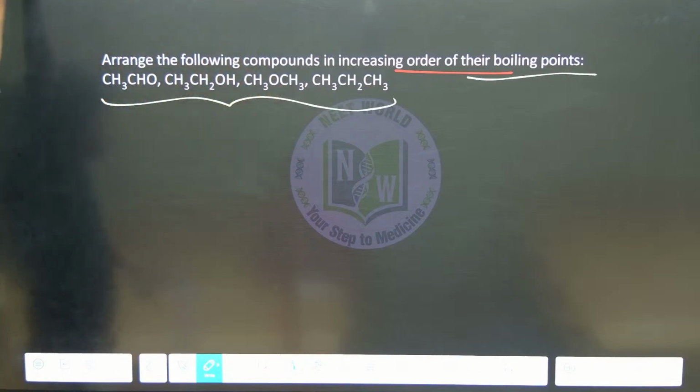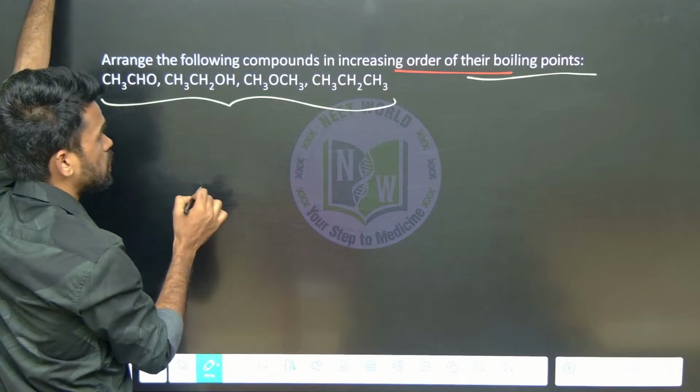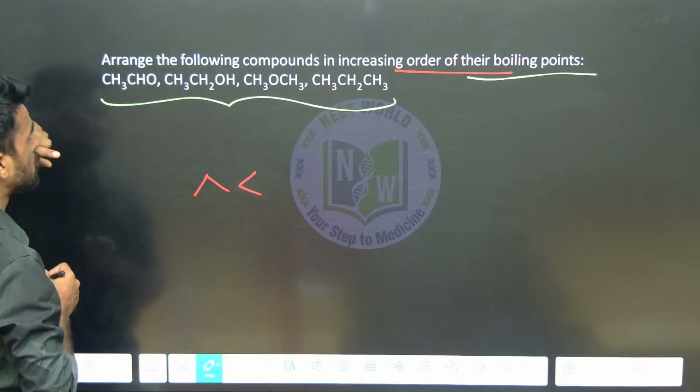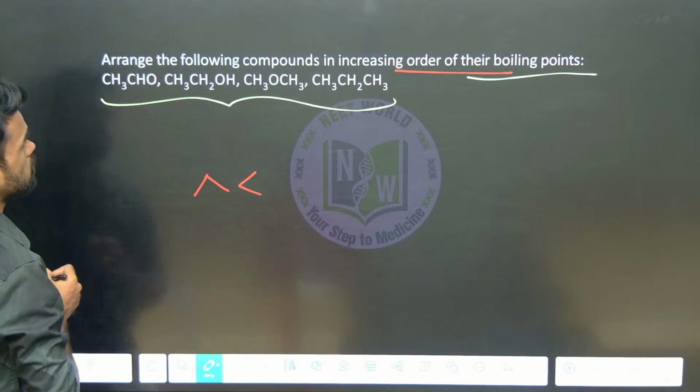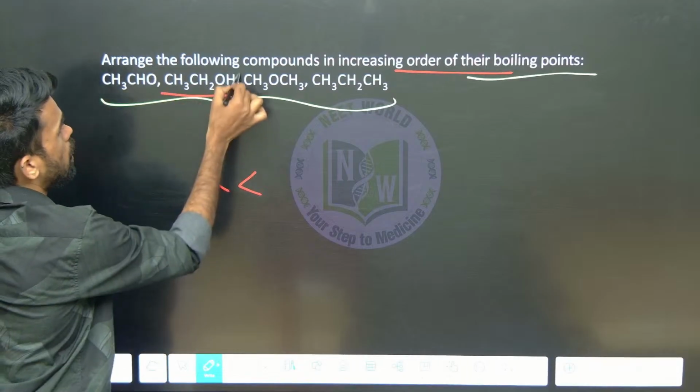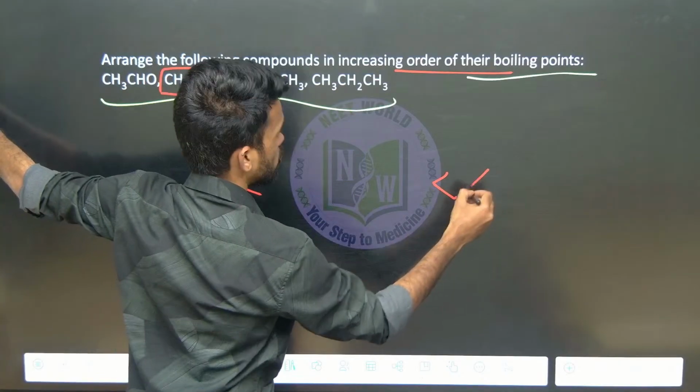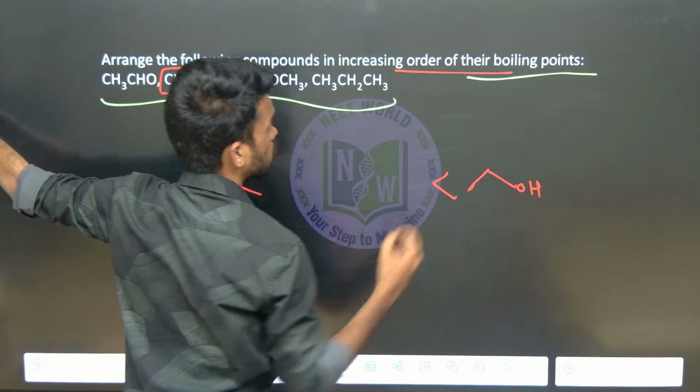Hydrocarbon is there. Hydrocarbons have the lowest boiling points because they are non-polar and effective interactions are not present. So propane will be the least. After that, alcohol is there. Alcohol has a higher boiling point due to hydrogen bonding, so ethyl alcohol will be the highest.